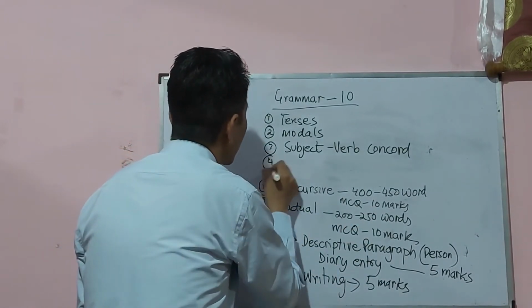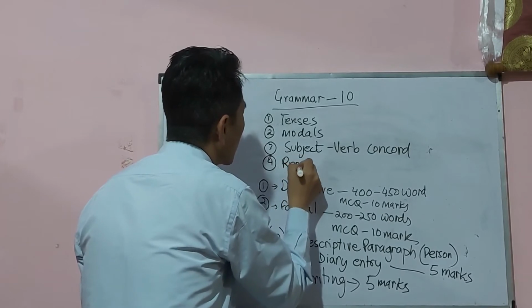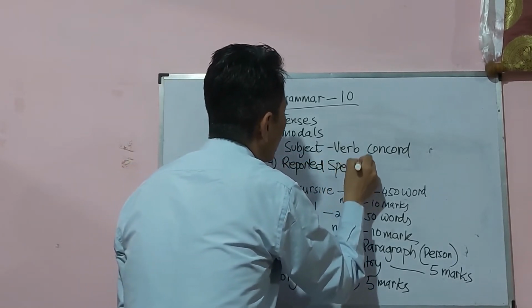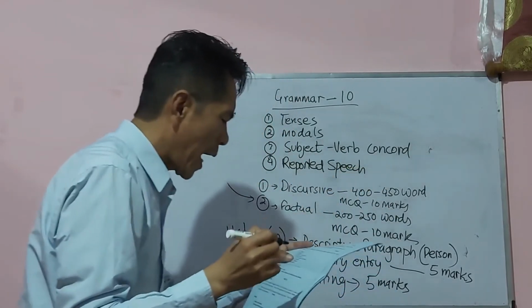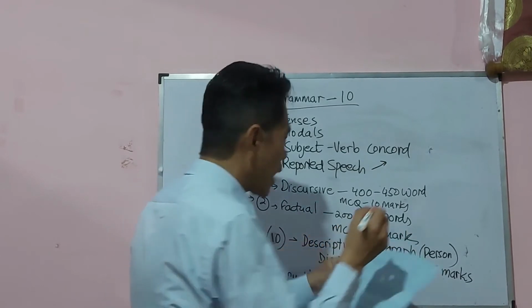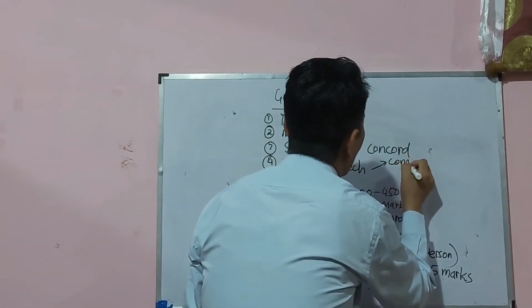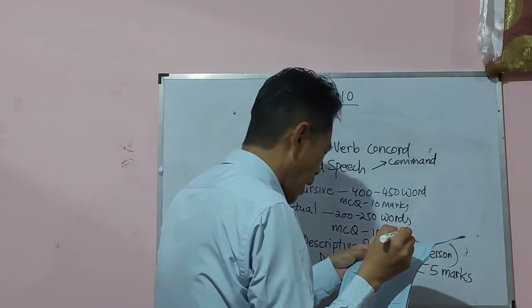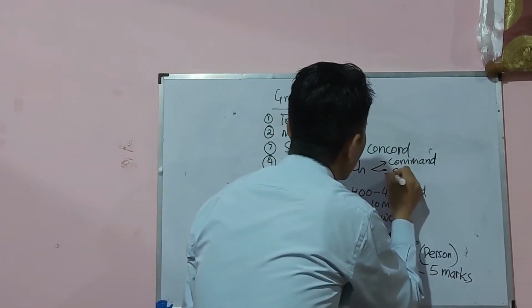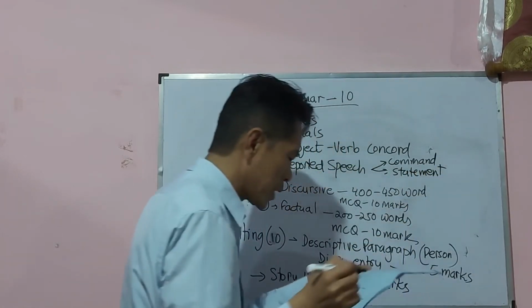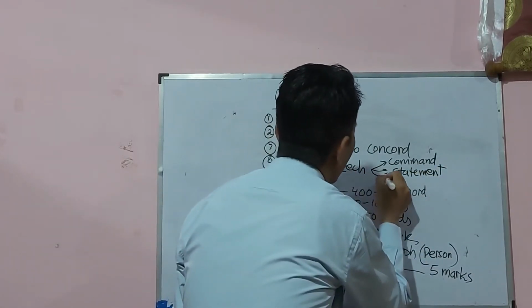And then we have got the reported speech, and there are 3 types. In reported speech, we talk about how to change a command sentence, how to change a statement, and finally, how to change a question.